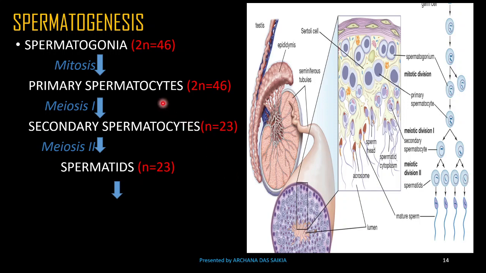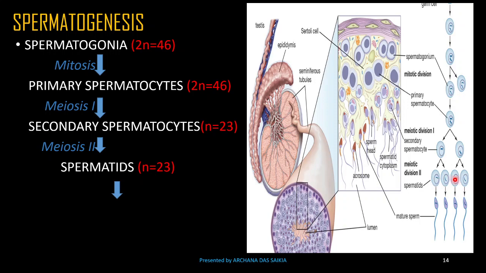One primary spermatocyte forms two secondary spermatocytes, and each of those forms two spermatids, so the total is four. Each of them is haploid, with 23 chromosomes.